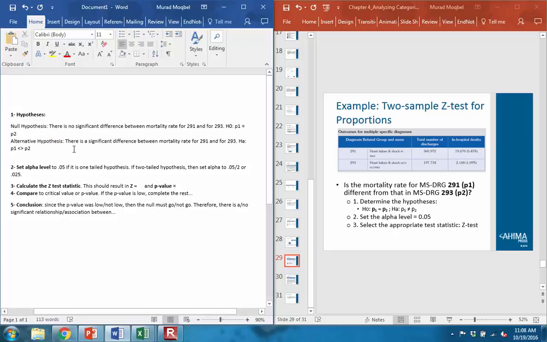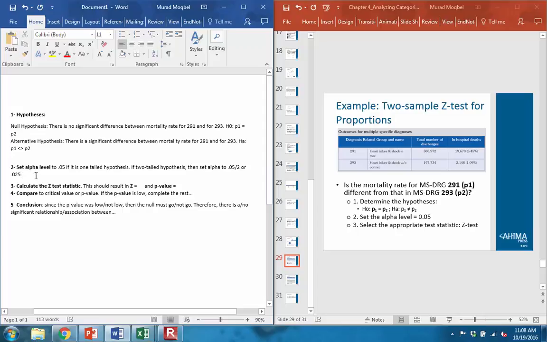All right, so very simple, very straightforward. This will help me after I make my conclusion. After I look at the p-value, if I reject the null hypothesis, then I will just copy and paste this to my conclusion. If I didn't reject the null hypothesis, then I will just copy and paste the null hypothesis, and that will be my conclusion. Very straightforward, easy.